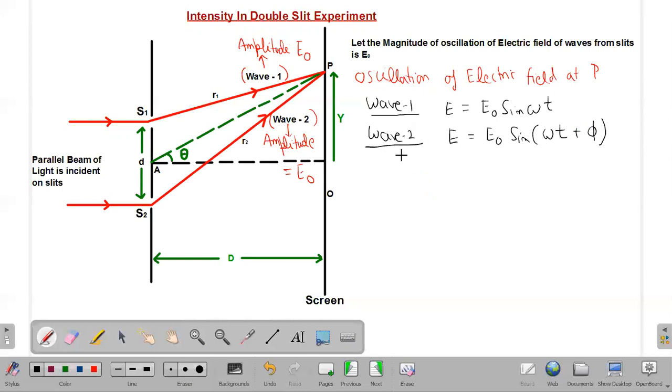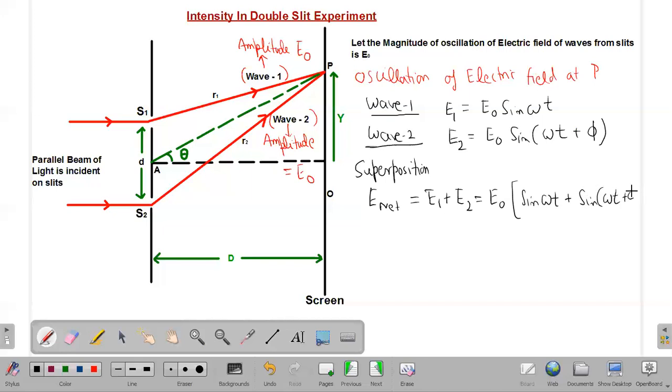Now apply the superposition theorem to get the resultant wave equation. So E net will be basically E1 plus E2. If I add E1 plus E2, that will be E naught times sine omega t plus sine of omega t plus phi.